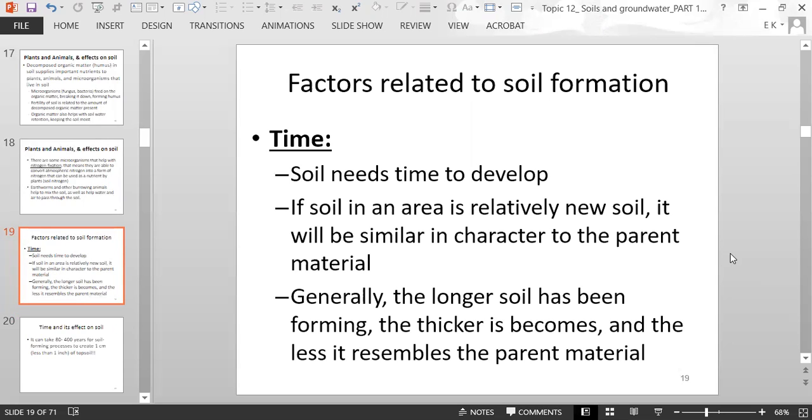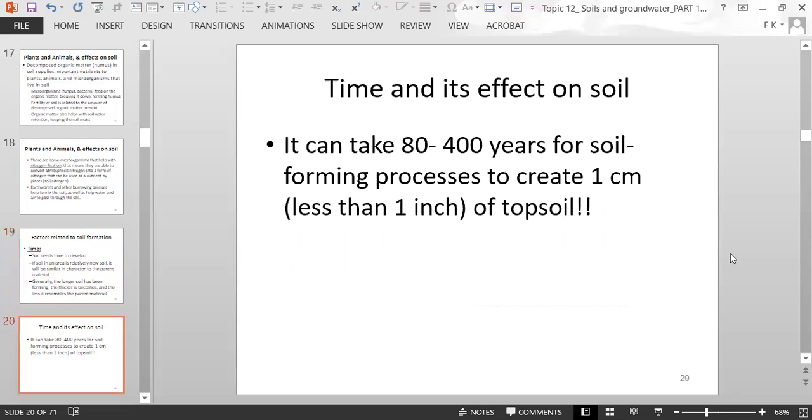The longer soil has been forming, the thicker it becomes and the less it resembles the parent material. It can take 80 to 400 years for soil forming processes to create 1 centimeter of topsoil. So it takes a long time for soil to form.